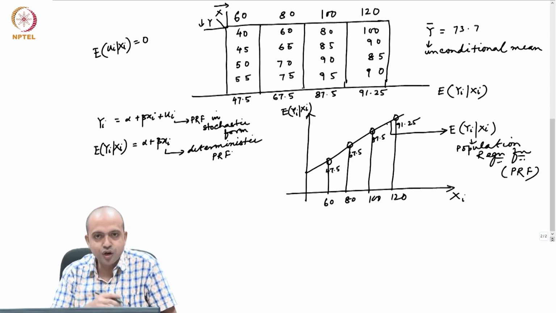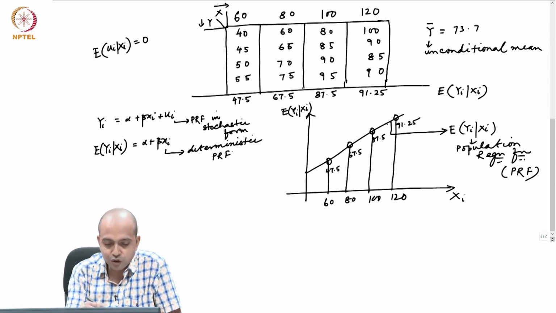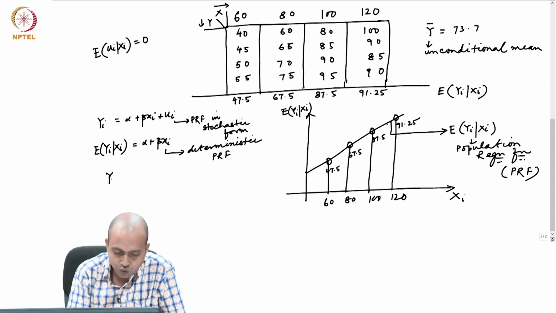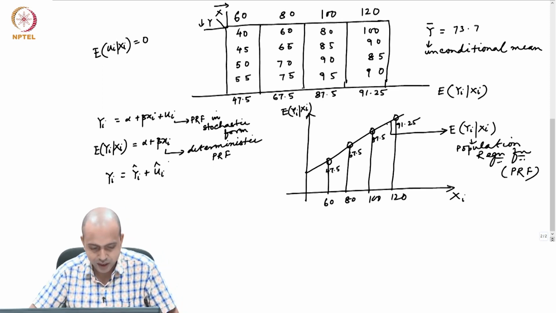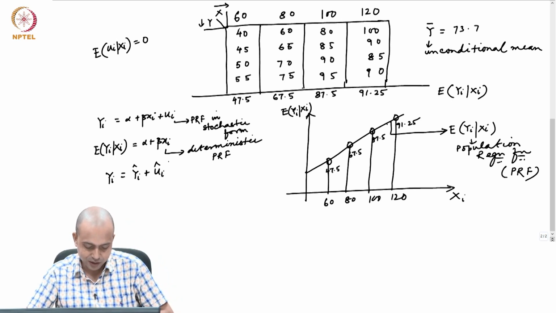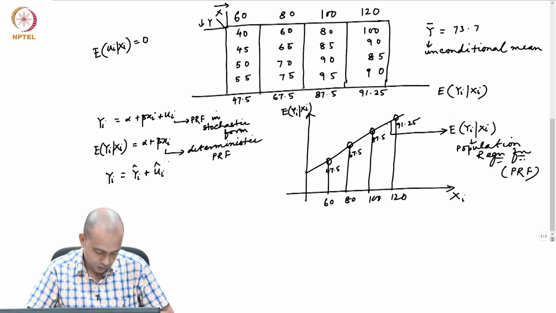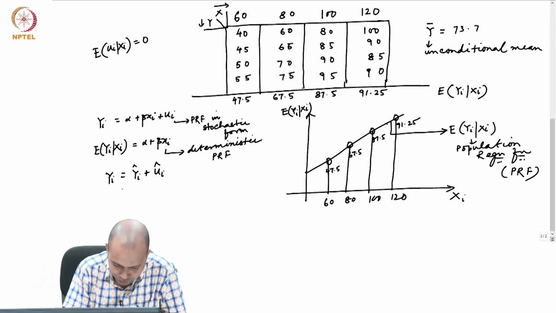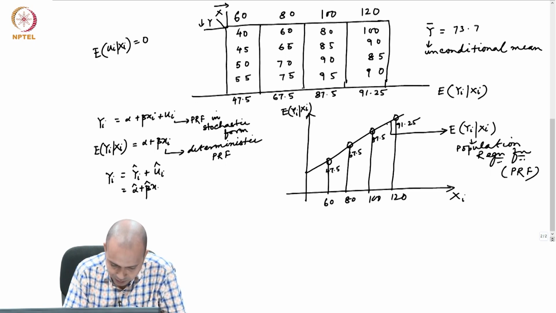And the sample counterpart of this PRF would become yi equals yi hat plus ui hat. So, yi hat is alpha hat plus beta hat xi, so that yi equals alpha hat plus beta hat xi plus ui hat.